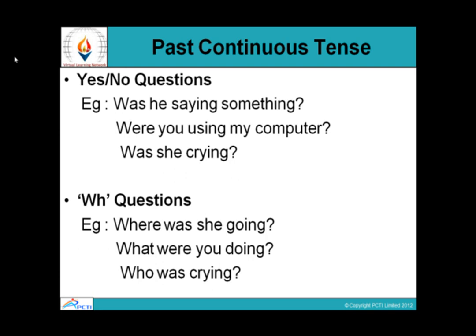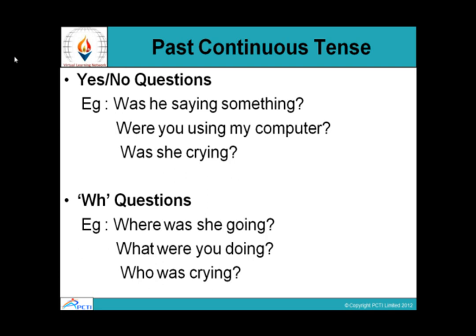Making yes and no questions. Remember the formula of making yes and no questions? Well, very simple. Bring the helping verb in front. Start the sentence with the helping verb. The subject comes after the helping verb. He was saying something.